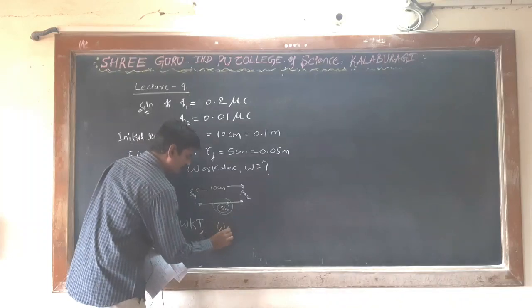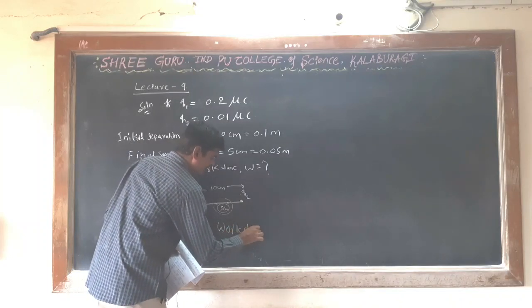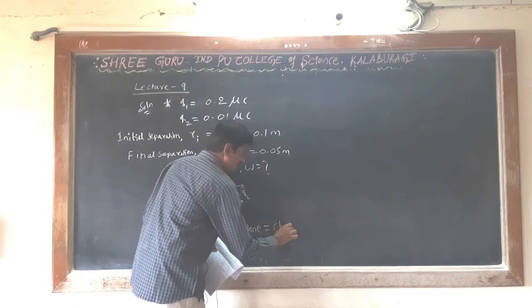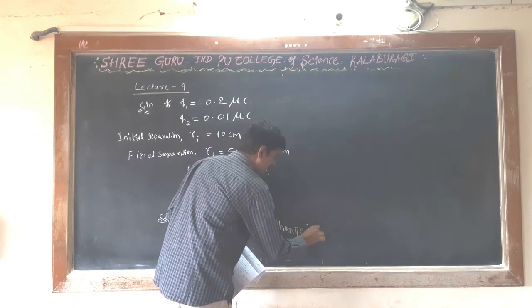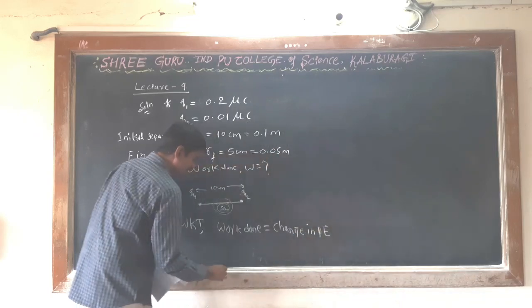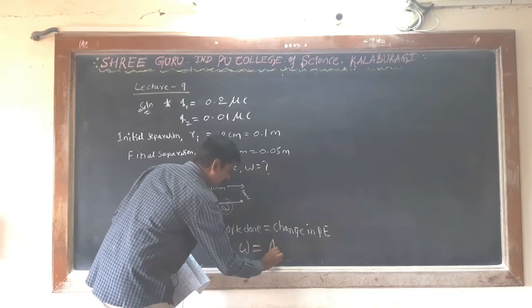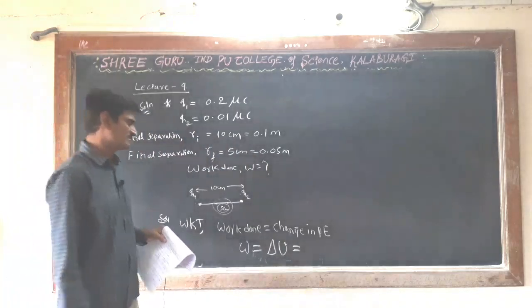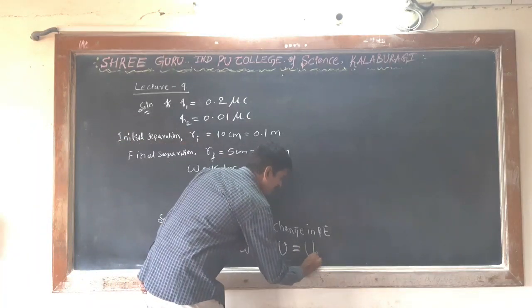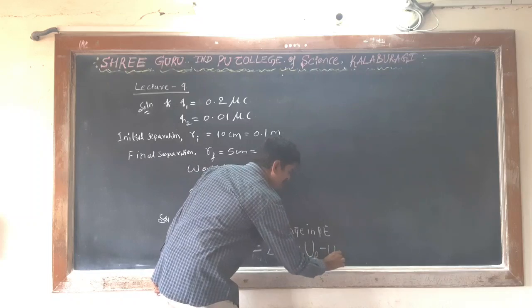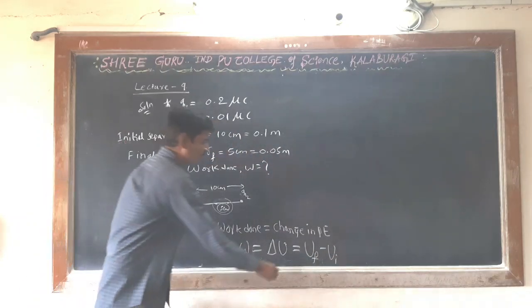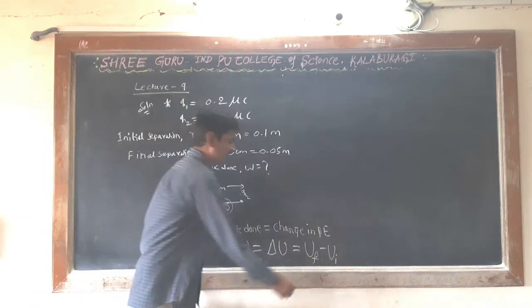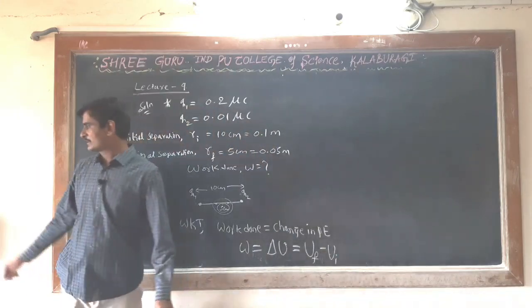So W is equal to delta U, and delta U is nothing but change in potential energy, that is final potential energy minus initial potential energy. UF minus UI. UF is final potential energy, UI is initial potential energy.